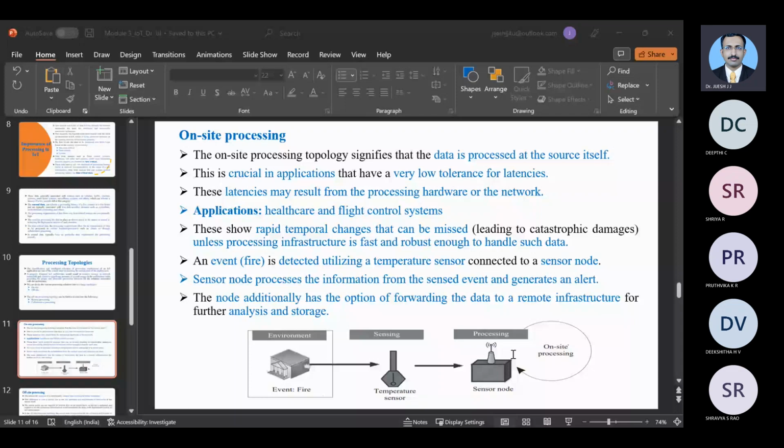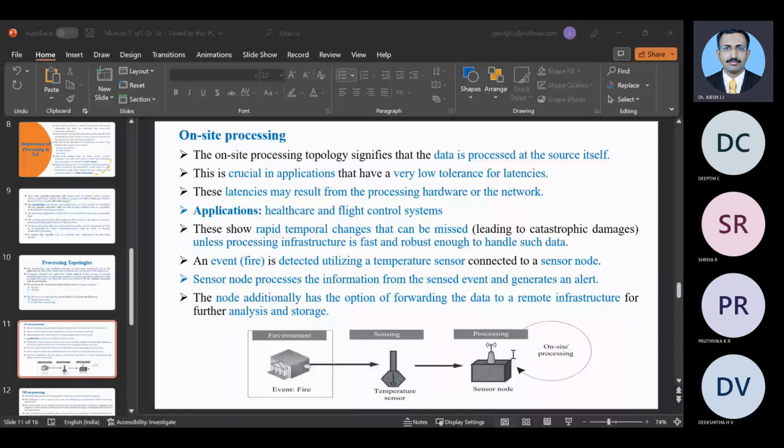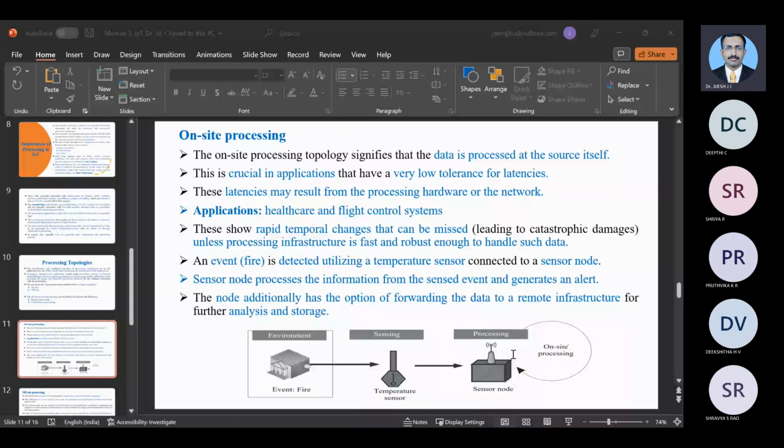On-site processing is the processing topology where the data is processed at the source itself. You are not sending the data and then processing it. At the source itself, the data is processed, and then the information is transmitted.